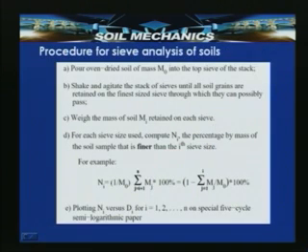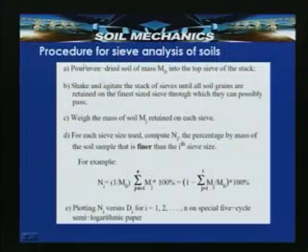So, the procedure involved for the sieve analysis of soils is you have to take the oven dried soil mass M0 in the top sieve, and shake and agitate the stack of sieves until the soil grains are retained on the finest size sieve through which they can possibly pass. The mass of the soil Mi retained on each sieve has to be determined.